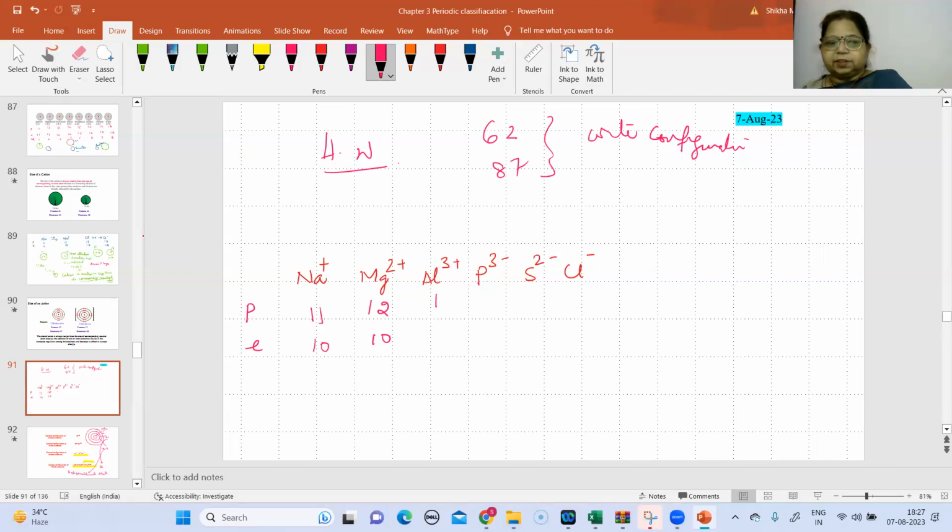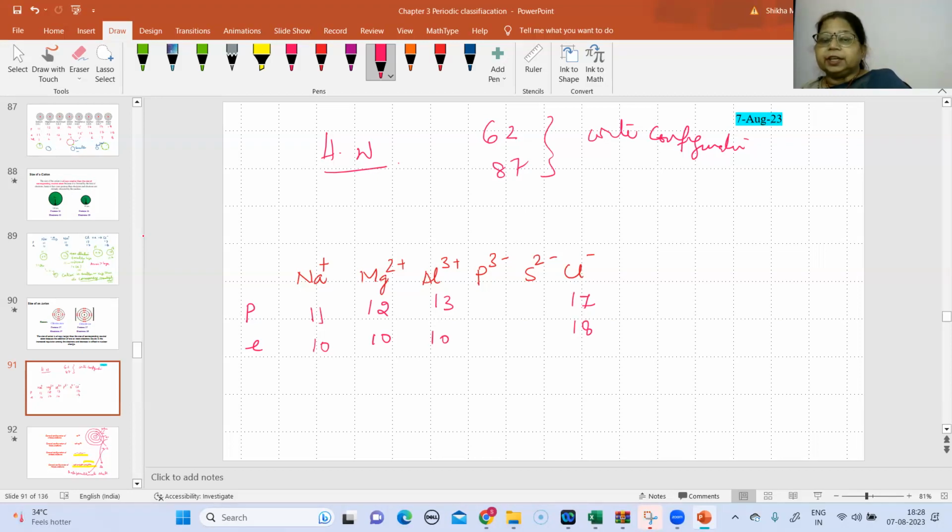Aluminium, so I will just write them quickly. Aluminium is 13 and it is 10. What about chlorine? Protons 17 and electrons 18, right?